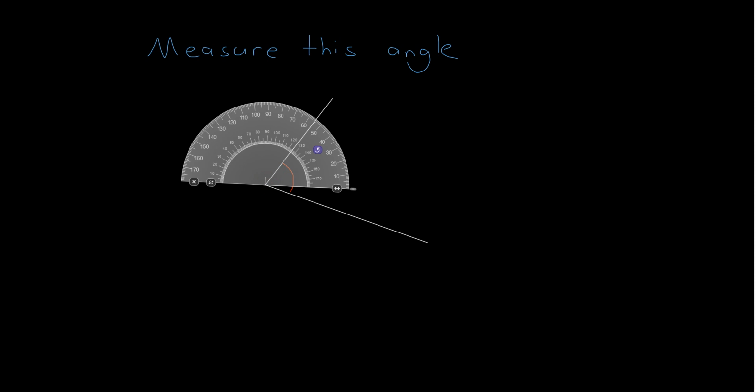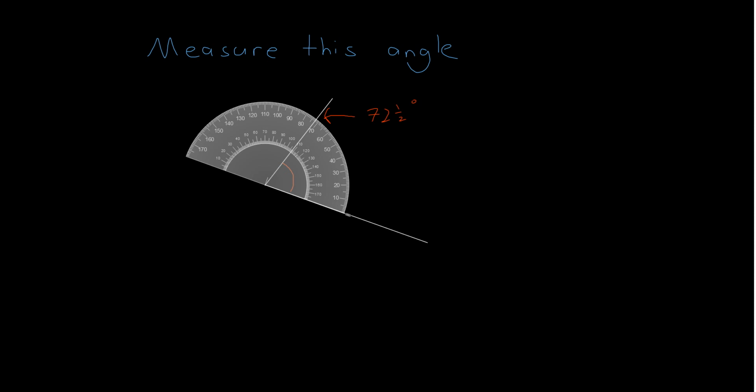Now I'm going to rotate my protractor down until it lines up with one of the arms of the angle like this, and I can just read how big this angle is. To me, it looks like it's about 72 degrees, 73 degrees. Let's call it 72 and a half degrees.